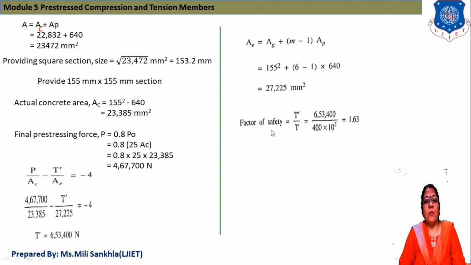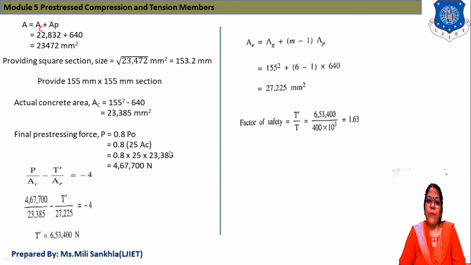So this one is the gross area. In gross area, when we find the actual area of concrete, that is the gross area of section minus pre-stressing steel, and we get 23,385.